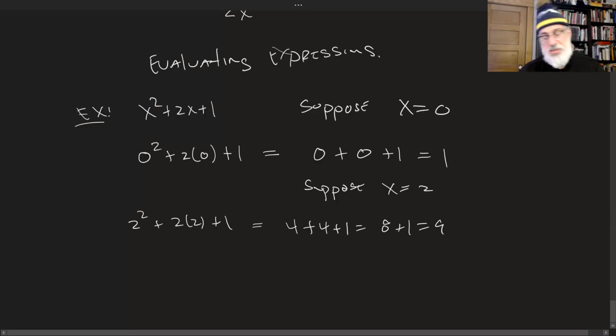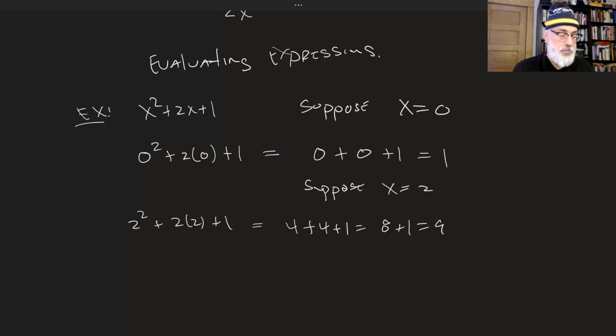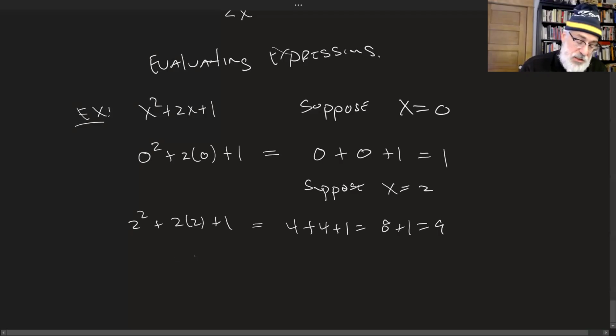So when we evaluate this expression, when x is 2, the expression is equal to 9. Not too bad. Here's something you could try: x equals the square root of 2. Put the square root of 2 in there and see what you get.